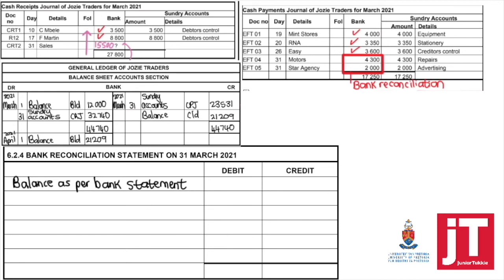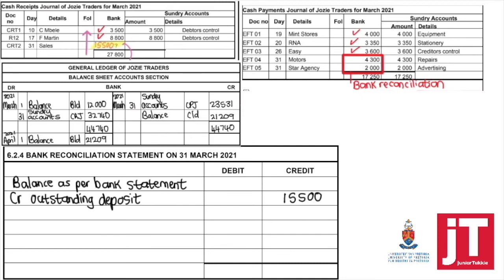Next, we're going to look for, was there any outstanding deposits? It will always be credited on the bank reconciliation statement. In the bank reconciliation statement, everything except balance as per bank account appears as it would on the bank statement. So I've got an outstanding deposit, 15,500. Remember, that was a calculation done.